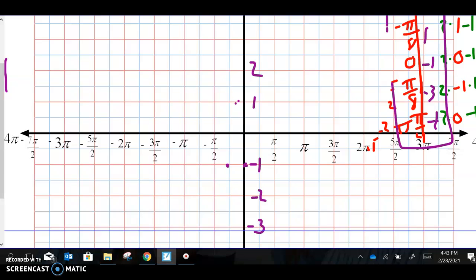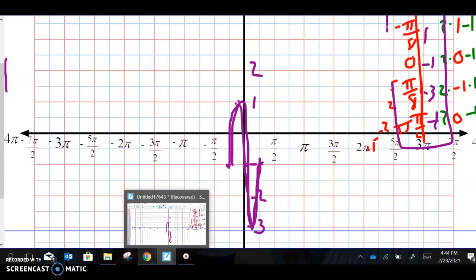Pi over 8, negative 3. And pi over 4, back to negative 1. That's my sine graph. My amplitude I can see is 2, etc.